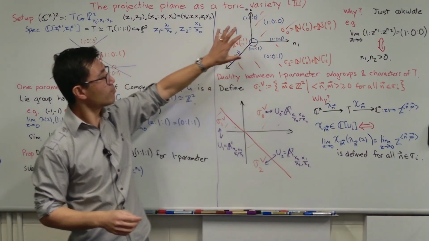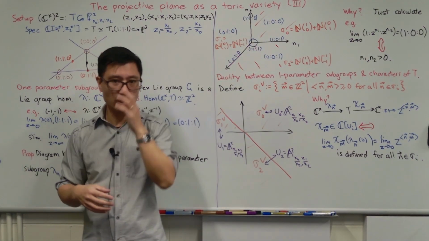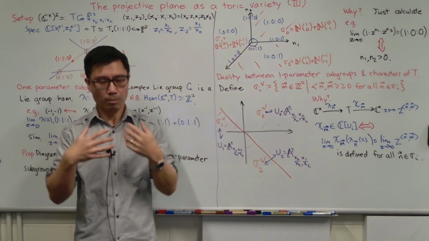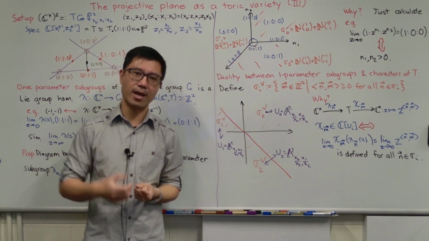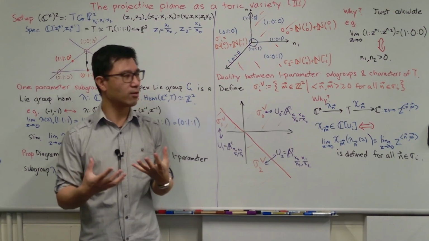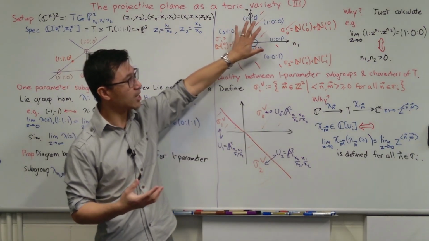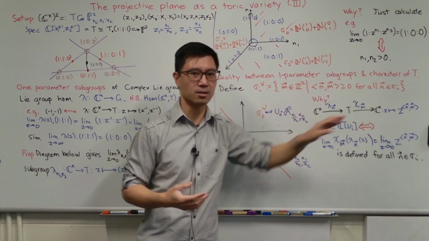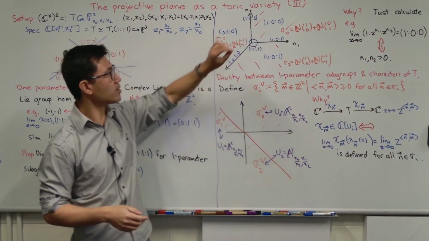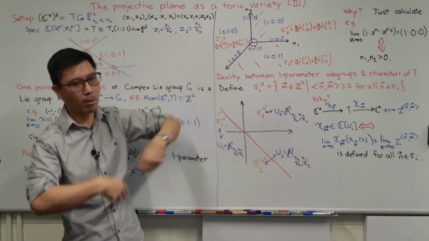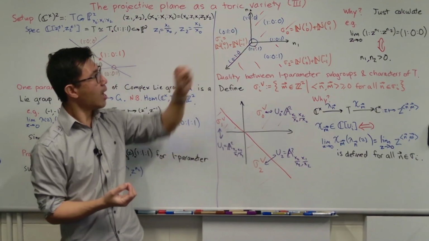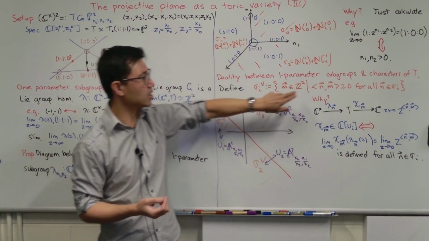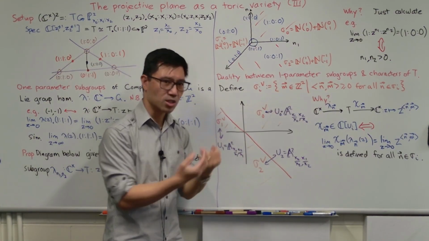And then once you have this information about the orbits, it also is going to tell you a lot of information about the actual variety, okay, as a manifold, so as a variety. And the way you do this is you take this and use the duality between the one parameter subgroups and the characters of T. So in terms of this lattice, when you change from multiplicative to additive notation, this means that you look at what are called these dual cones, and you look at the dot product, okay, and you get these dual cones.